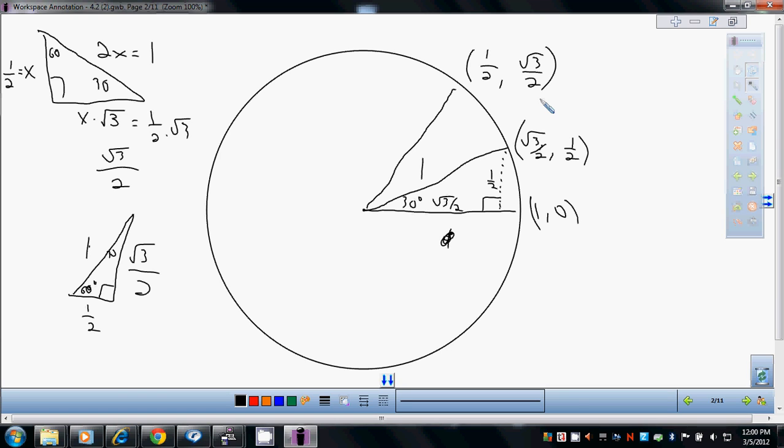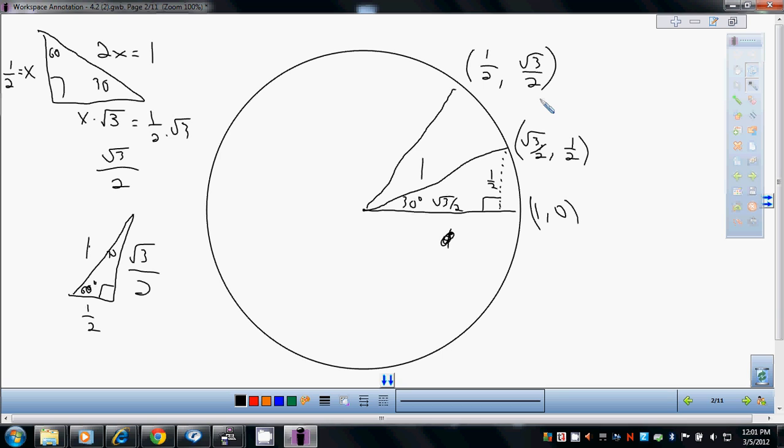You said cosine of 60 degrees was 1/2. At 60 degrees, the x value is your cosine. The y value is your sine. What was sine of 60 degrees? Opposite over hypotenuse, radical 3 over 2. What if I said, what is sine of 30 degrees? Well, what was sine of 30 degrees? 1/2 over 1.